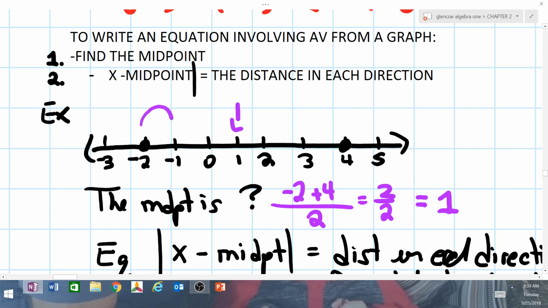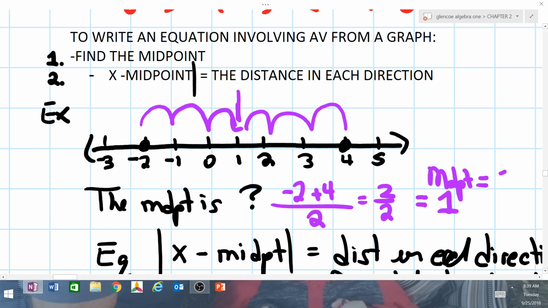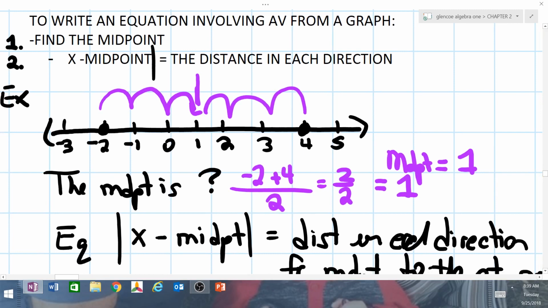If you're not sure, you can count three spaces this way, 3 spaces this way. Are you all with me? So the midpoint equals 1. Your equation is the absolute value of x minus the midpoint equals the distance in each direction. Well, how many spaces was it to go from the midpoint of 1 to positive 4?